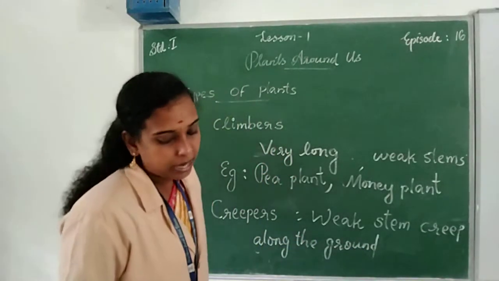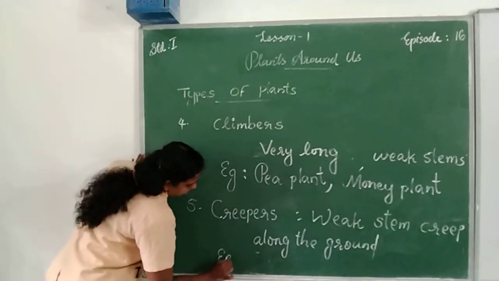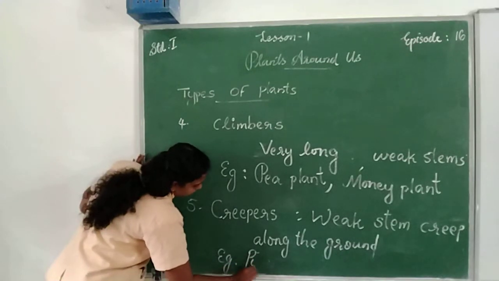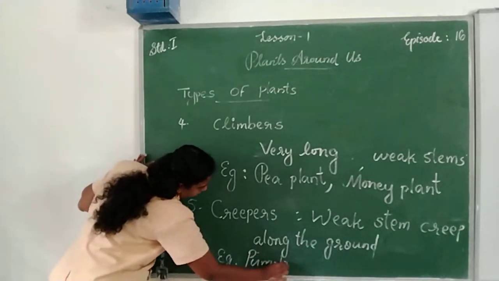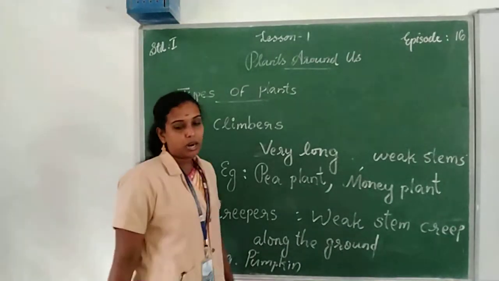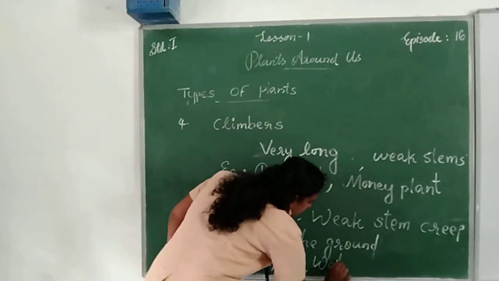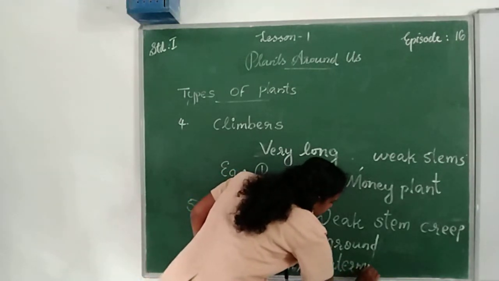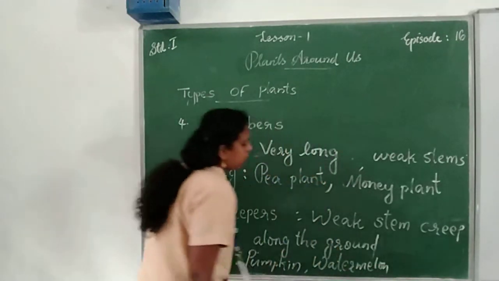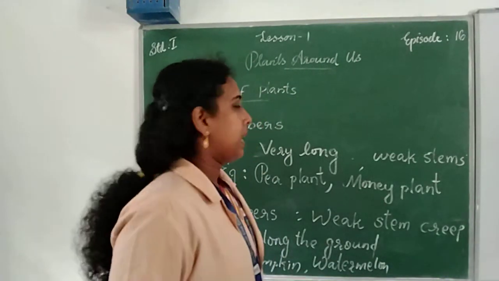And examples for creepers are pumpkin, P-U-M-P-K-I-N, pumpkin, and watermelon, W-A-T-E-R-M-E-L-O-N, watermelon. So pumpkin and watermelon are the examples for creepers.